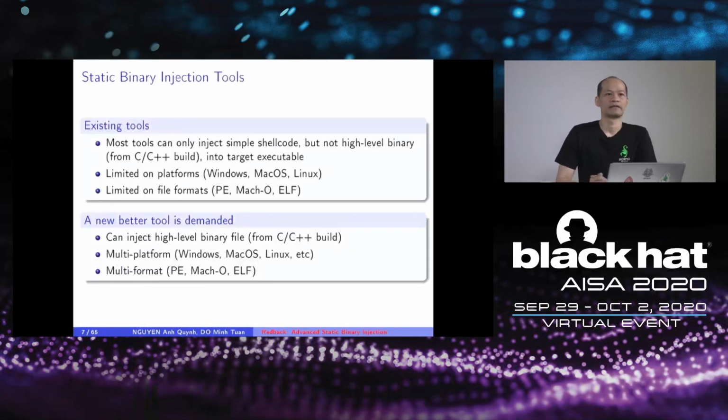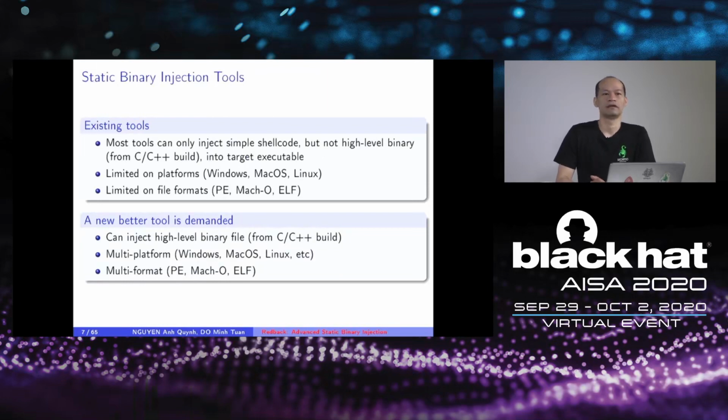Looking at some existing tools, you can see that most tools nowadays can only inject simple shellcode, but not high-level binary. They only work on some limited platforms, and they are also limited in the file formats they can support.